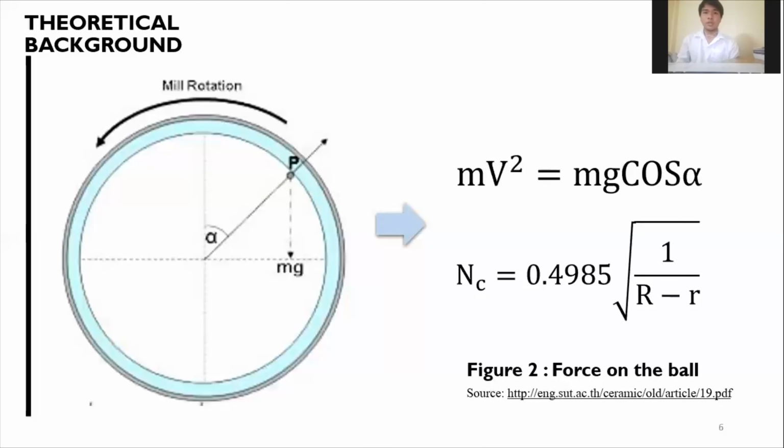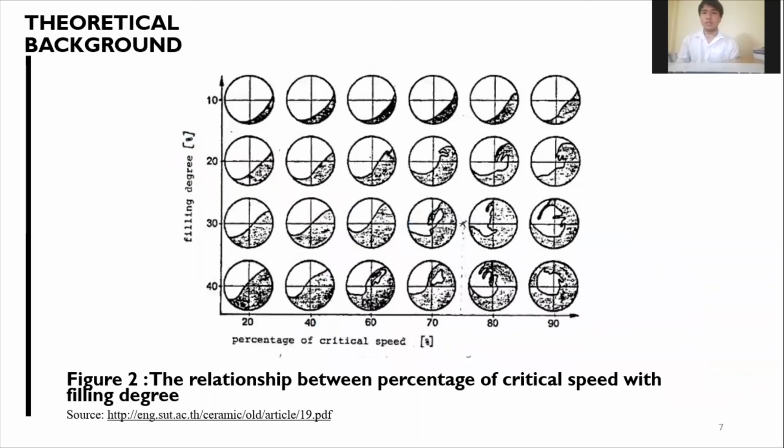Therefore, the critical speed can be calculated using the equation Nc equals 0.4985 multiplied by the square root of 1 divided by the radius of the pot minus the radius of the ball. Finally, the result shows the relationship between the percentage of critical speed and filling.